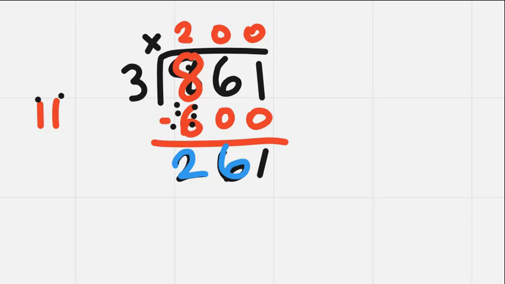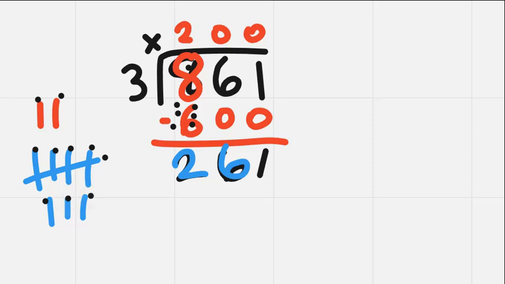26. We're going to count by 3 until we get to 26 without going over. 3, 6, 9, 12, 15, 18, 21, 24, 27. Oops, that's too high. We're going to stop at 24. That's 1, 2, 3, 4, 5, 6, 7, 8.